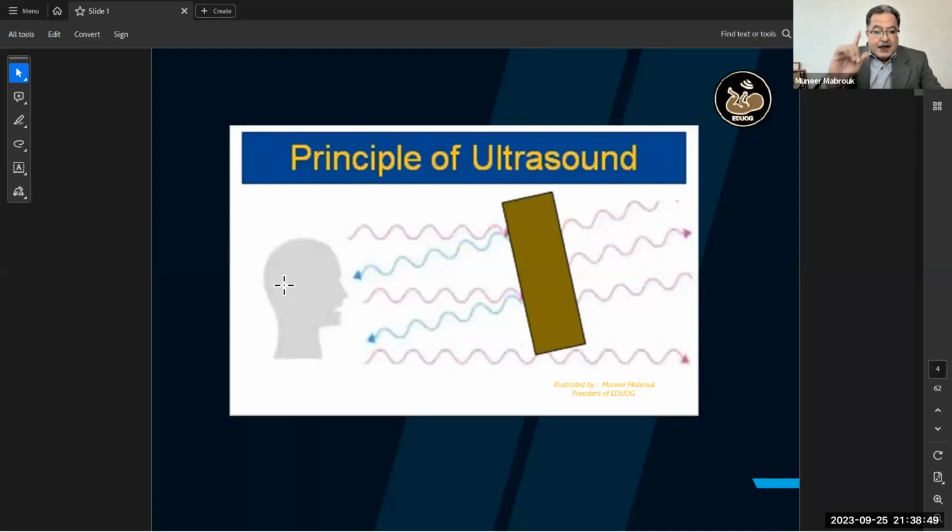So the first thing you have to put in your mind is that you are going to send and receive, but you wouldn't receive if you are still sending. You have to stop to give time for the echo to come back to your ears, then you hear it. If you are just continuing giving sound, you will not receive the echo.